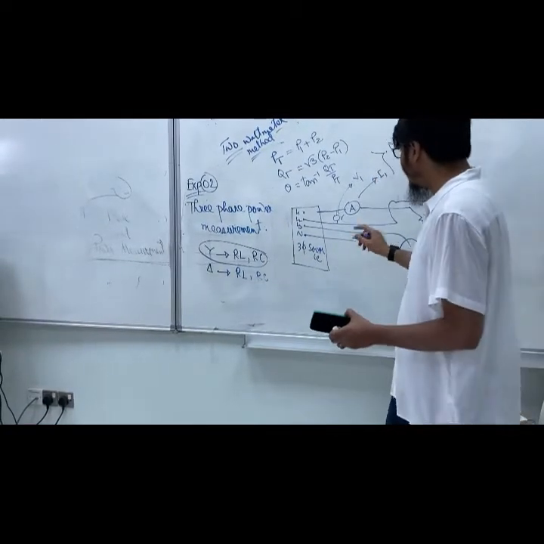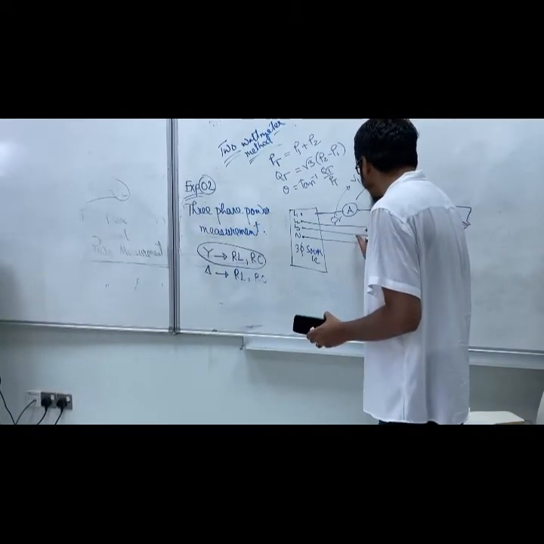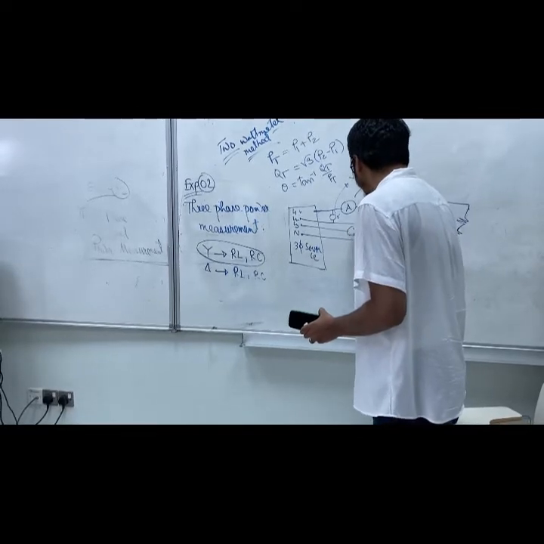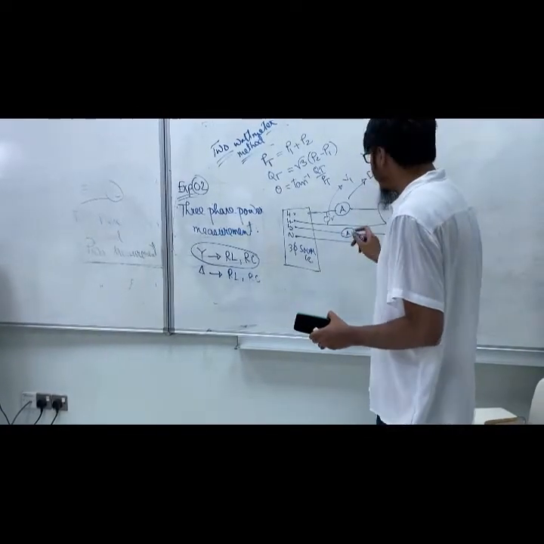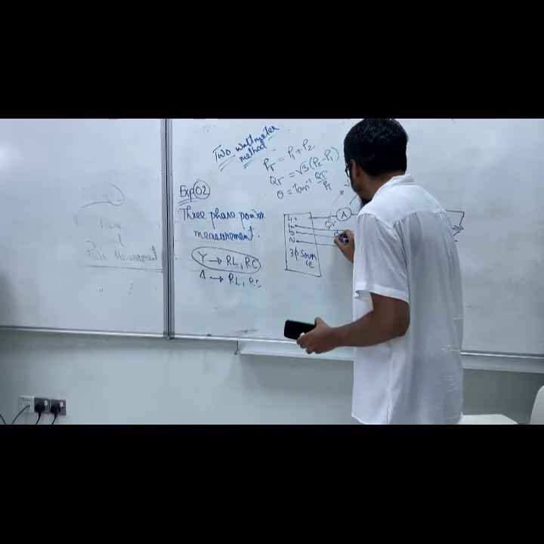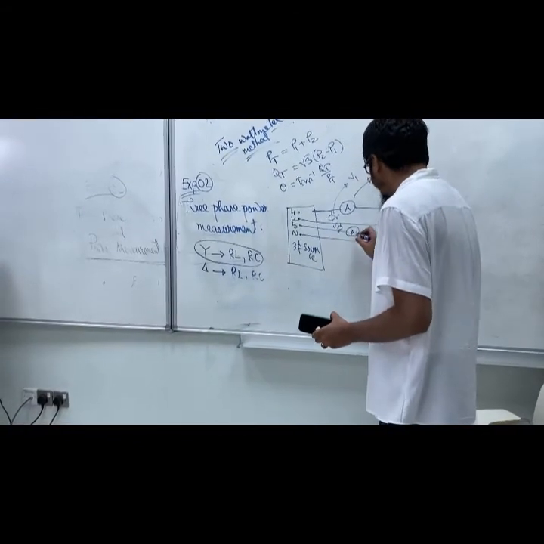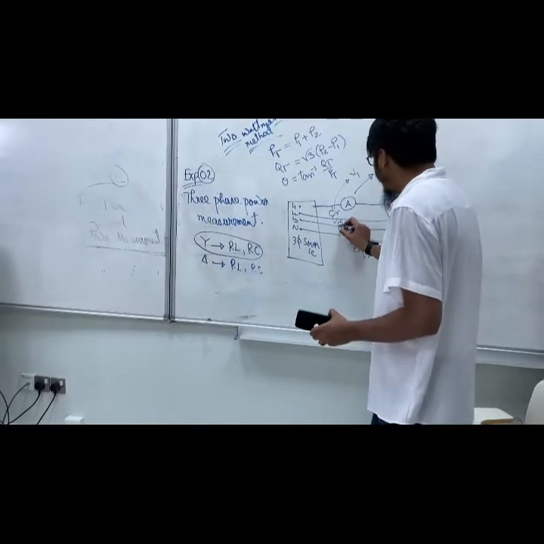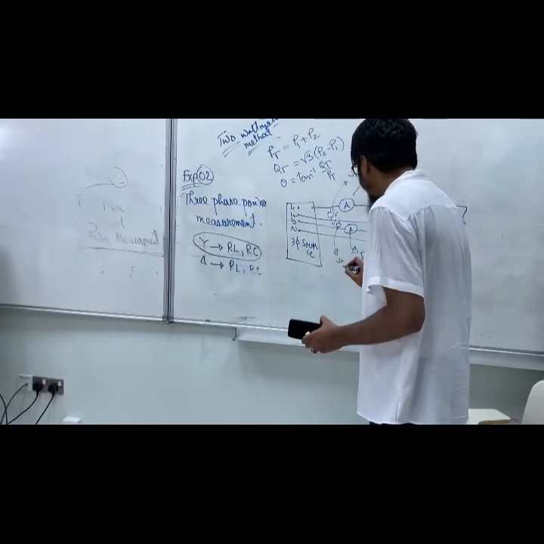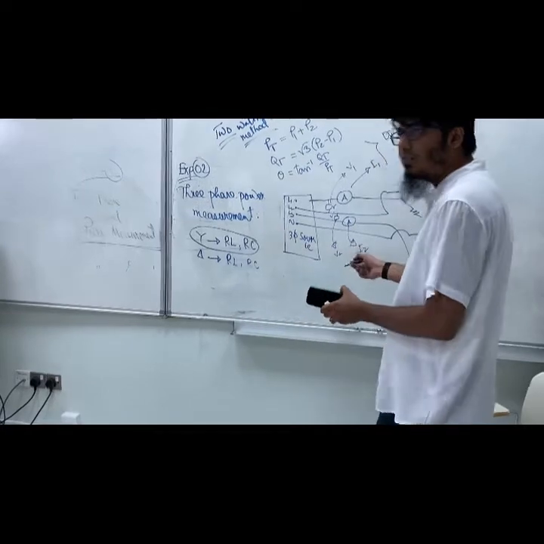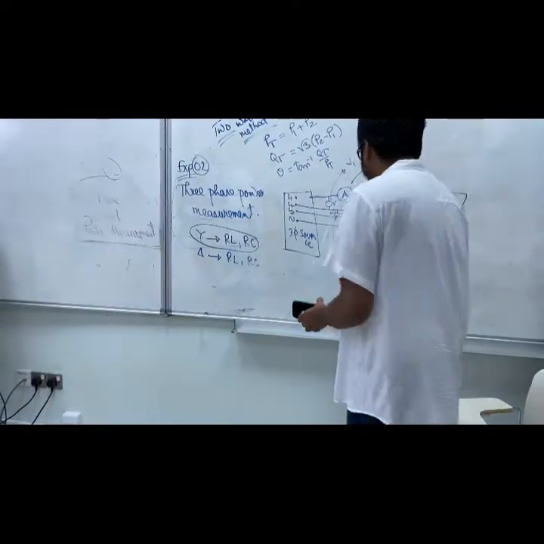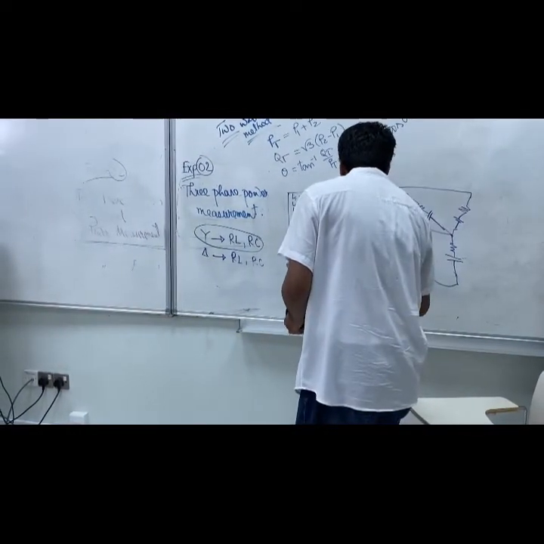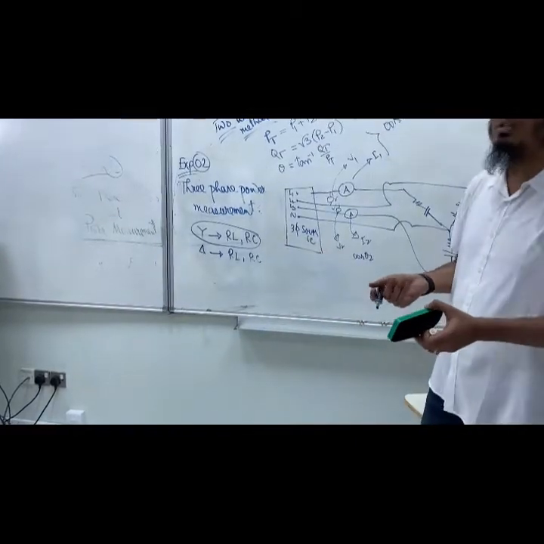In the same way, we can put another ammeter here and a voltmeter between this and this. From this ammeter, we will get another current, which is I2, and from here V2. Of course, we will get the power factor between them as well, which is cos theta 2. So now how do we use the equations?